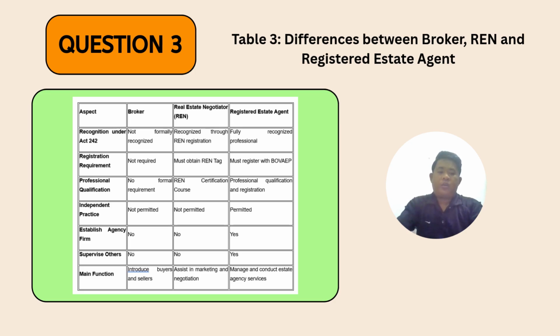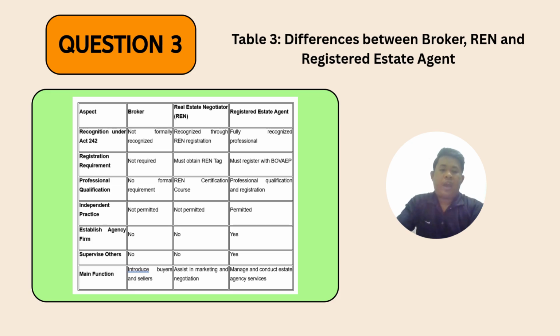Usually we come across broker, real estate negotiator (REN) and registered estate agent. A broker is an intermediary person who links buyer and seller together. However, in Malaysia, the word broker is not given a proper legal place under Act 242.